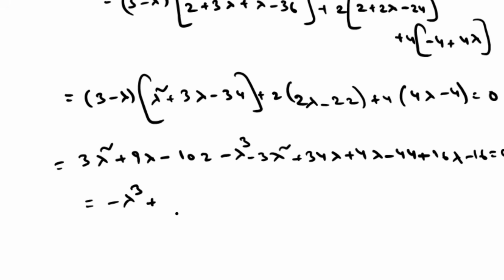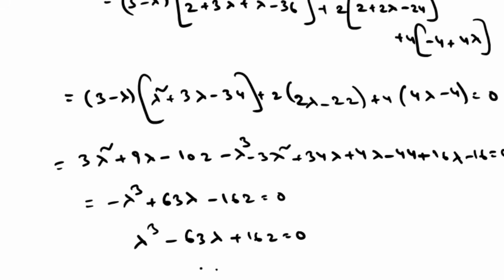Minus lambda cube plus 63 lambda minus 162 is equal to 0. Therefore, lambda cube minus 63 lambda plus 162 is equal to 0. Therefore, the values of lambda are minus 9, 3, 6.